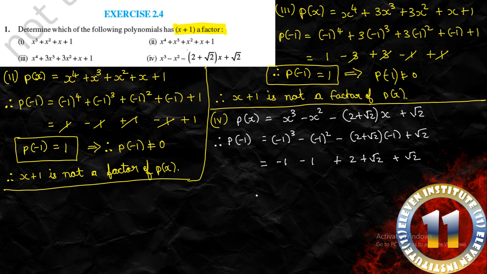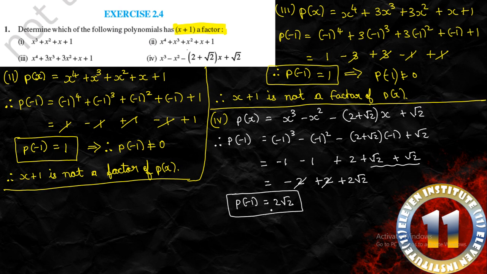Minus 1 minus 1 minus 2. Then we are having this plus 2. And then we are having root 2 plus root 2. So root 2 plus root 2 gives us 2 root 2. Again this minus 2 and plus 2 will cancel each other. So what we are left with is p of minus 1 is equal to 2 root 2.